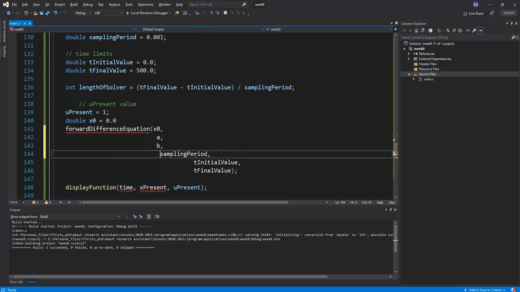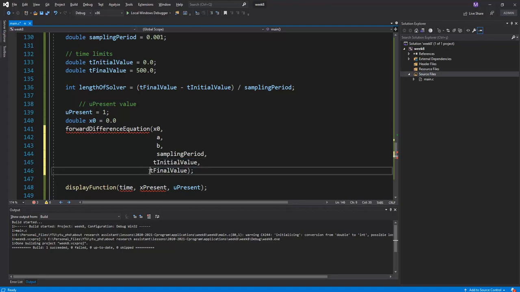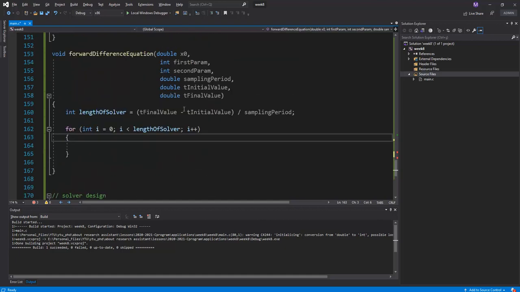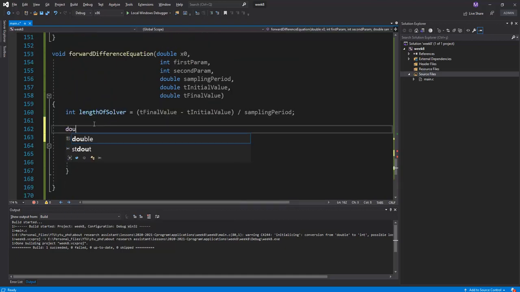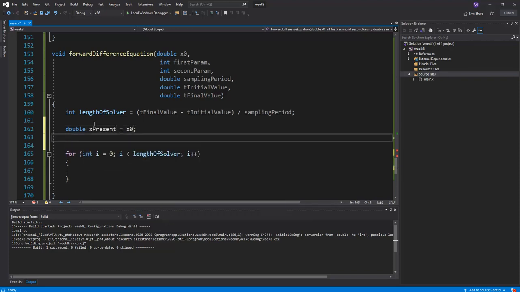And so what about the solver design? x0 is in here, and so the internal double x present value should be initialized by the x0, and double x forward value is equal to 0.0.